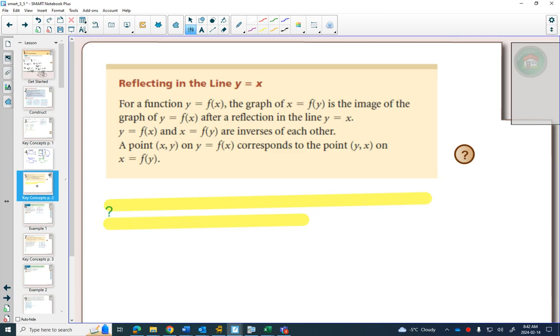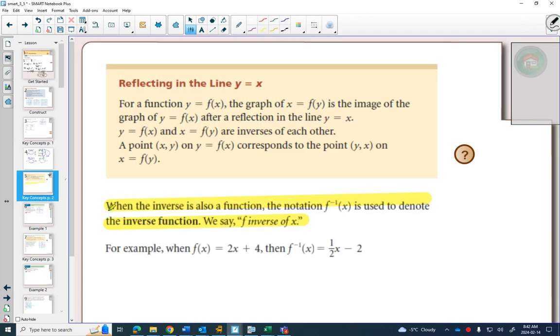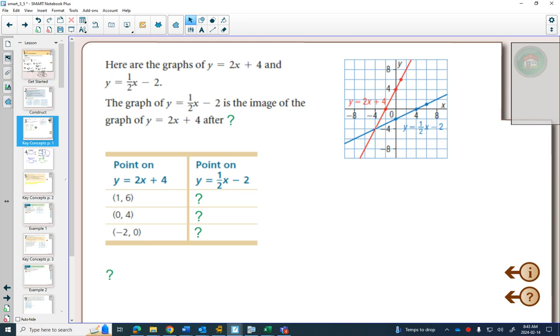Graphically, that shows up as a reflection in the line y equals x. If we look at the first one, 2x plus 4, and we graph the inverse, 1/2 x minus 2, we would notice that it has been perfectly flipped over the line y equals x.